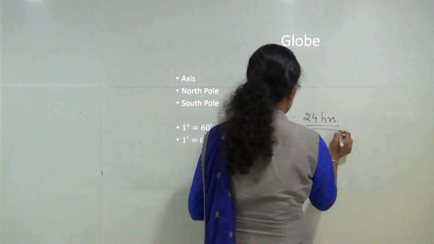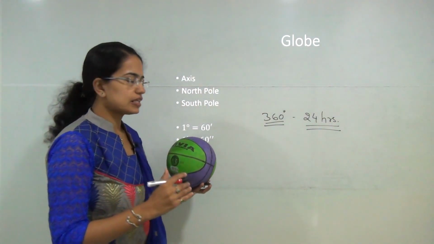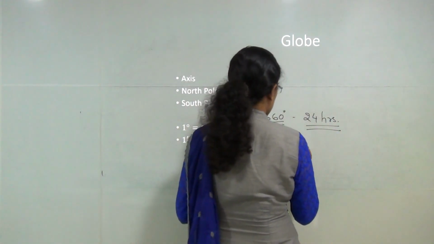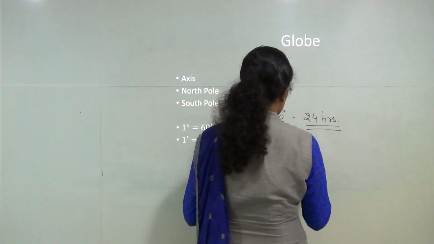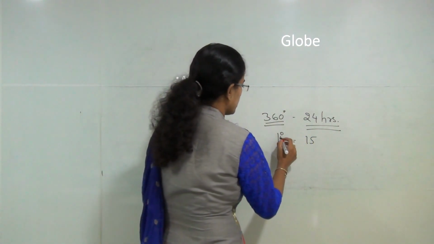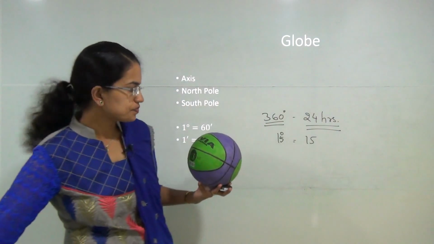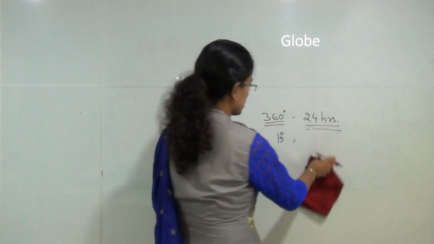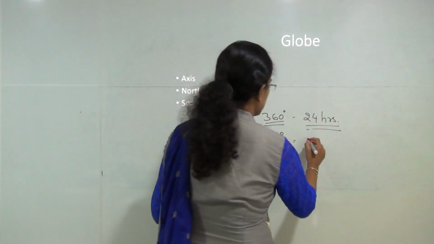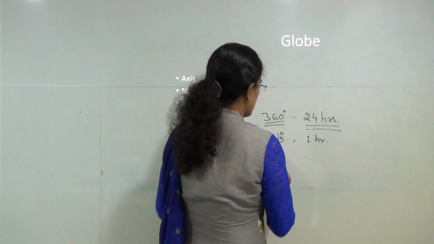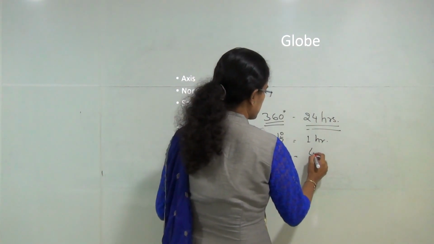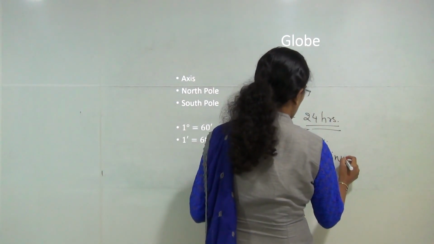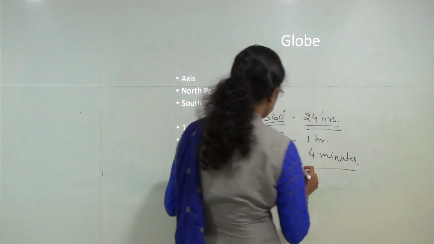that are calculated. So when simplifying this, I can say 15 degrees would be equal to 1 hour. So you have 15 degrees as equal to 1 hour, and you would have 1 degree equivalent to 4 minutes. We will see how we use this as we move further.